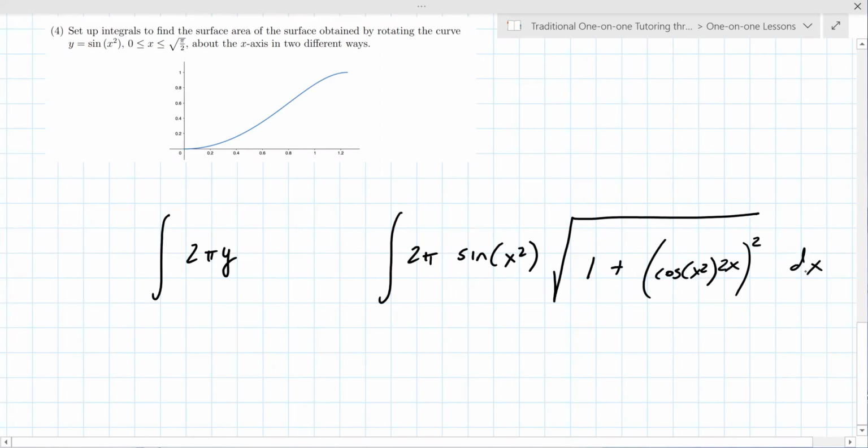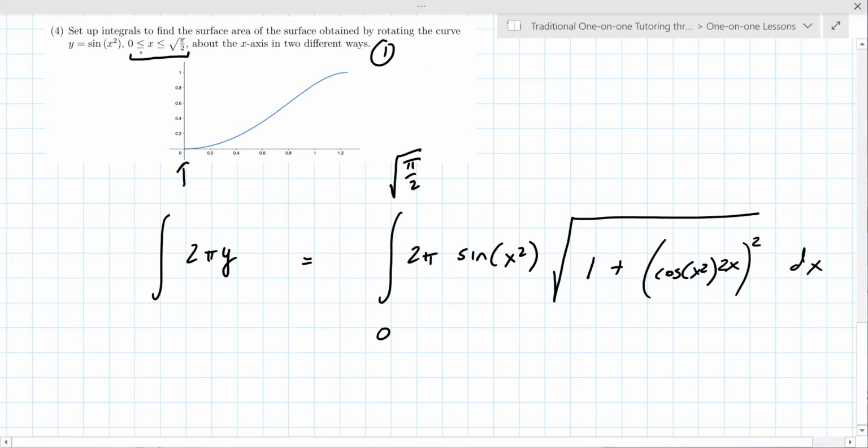Because it's an integral in dx, you just use the bounds that are given here, from 0 to square root of pi over 2. So that's the first way.